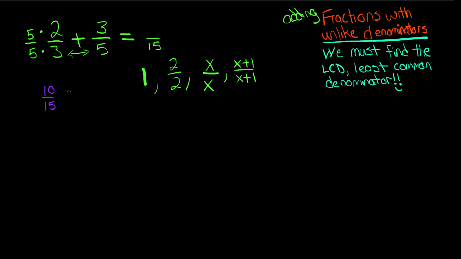And that's going to be added to, so now we have to do that fancy version of 1 over here to the 3 over 5. How can we turn the 5 into 15? Well, we multiply by 3 over 3.